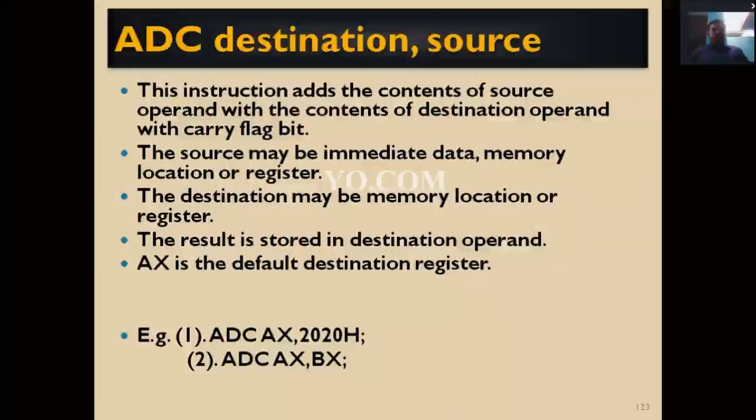If the carry flag equal to 1, it also adds that one to the current result. The result is again stored in the destination operand, that means the AX register. This is an example of ADC AX comma 2020 and ADC AX comma BX. Whenever they are adding the AX and BX values, it will add the carry value, that is the CY value.